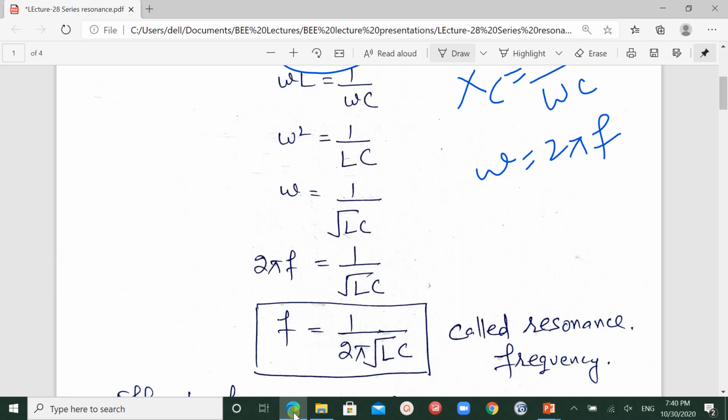We put omega equals 2 pi F. So 2 pi F is equal to 1 upon under root LC, or F is equal to 1 upon 2 pi under root LC. This is called the resonance frequency.